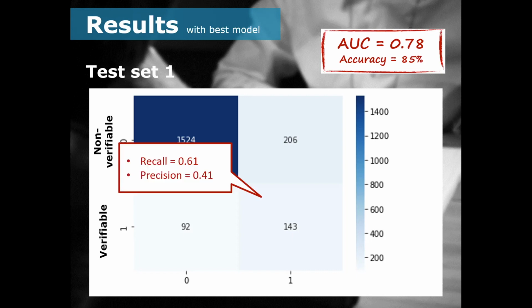But here we can see that it's still interesting because we get a pretty decent recall of 0.61 on the verifiable details and a precision of 0.41. Compared to a random prediction, in terms of recall, that is 3.5 times more performant than just a random prediction.